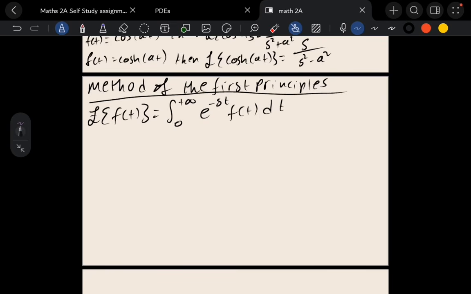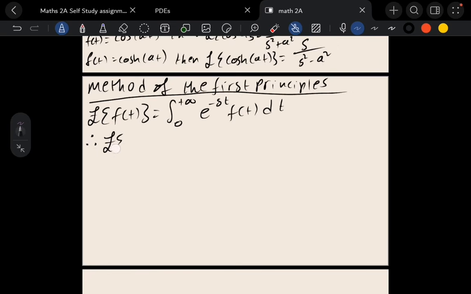We are using this analogy here, so it's called the method of the first principles. So if you find this in a major test or in an exam, just know that whenever they ask you to use the method of the first principles, you are using this equation here. Right.